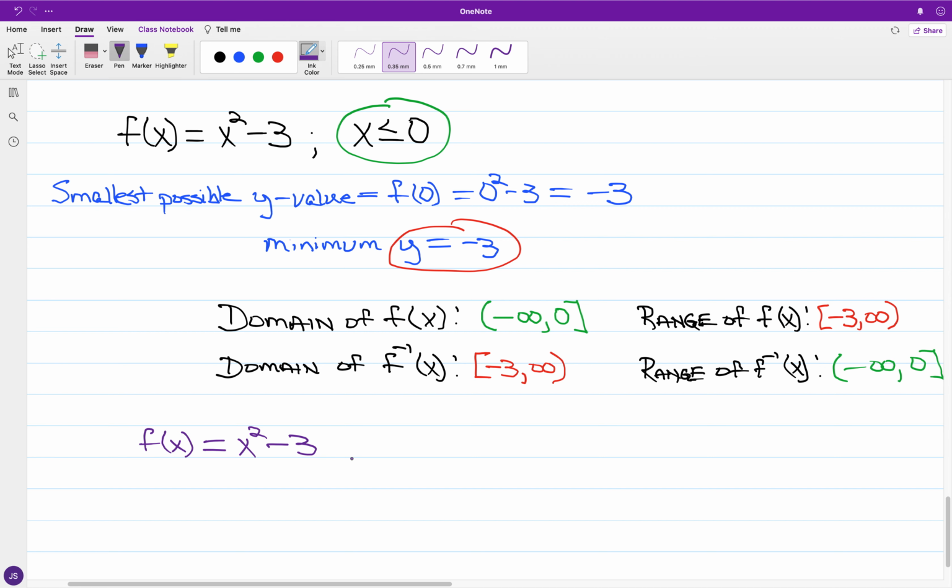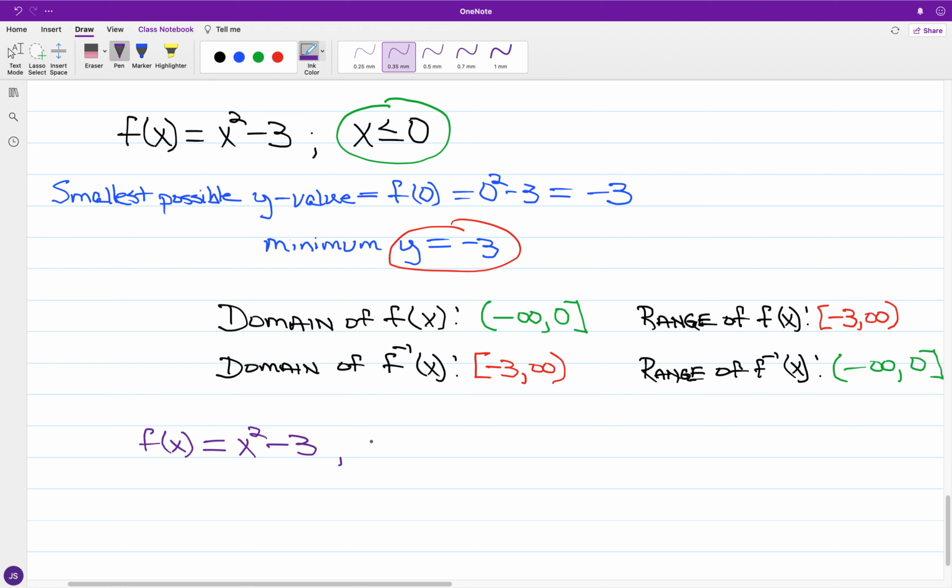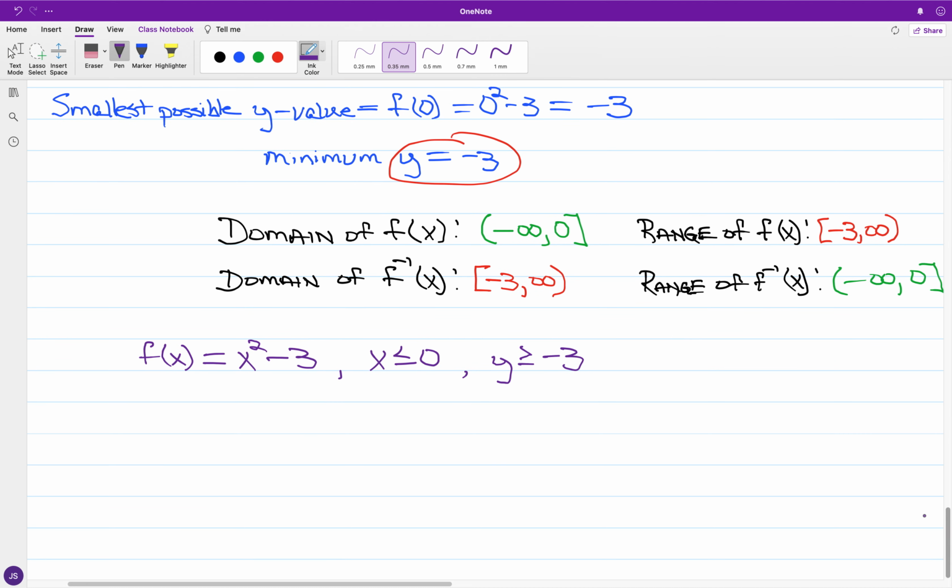And then just tacking on the conditions, you have x is less than or equal to 0. And again, for y, you will have that y is greater than or equal to -3. And rewriting f of x in terms of y, which we have equal to x squared minus 3. And then looking for the inverse.